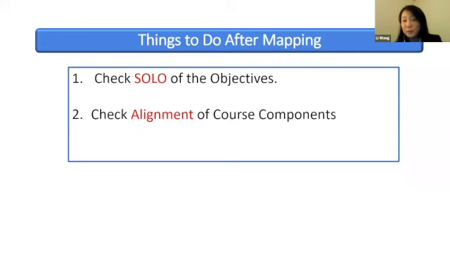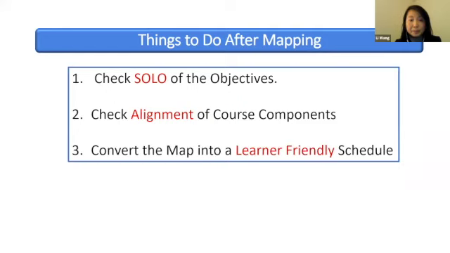So we also need to do alignment for our course components, especially when we have new program or course level objectives updated. That might be the critical time to do that. And number 3 is to convert the curriculum mapping into a learner-friendly schedule. I will show you an example as well.